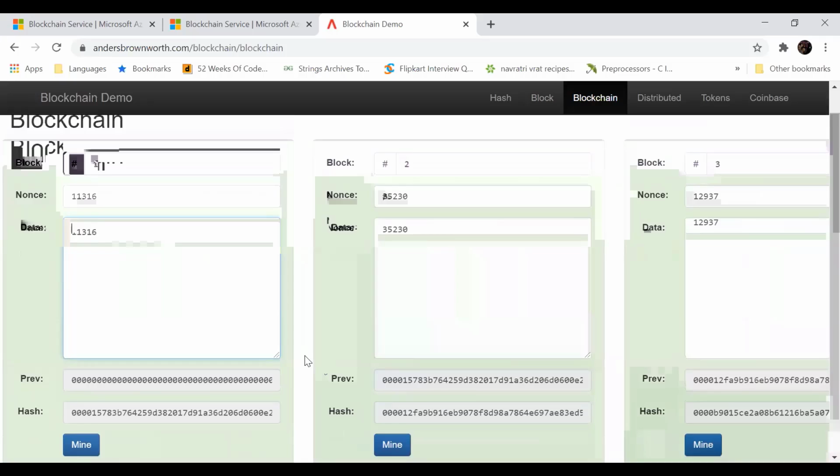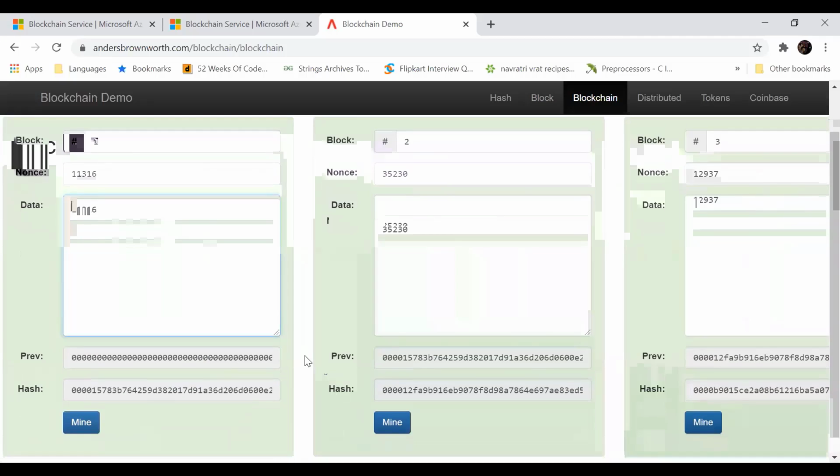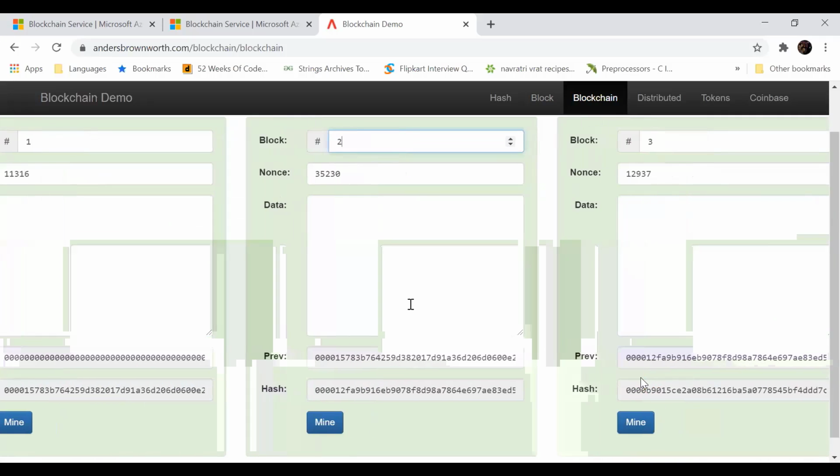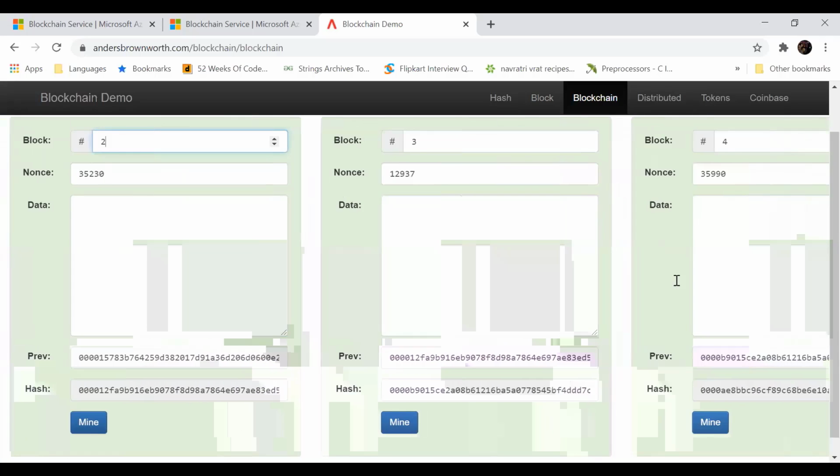As I mentioned earlier, in a blockchain, the blocks are connected to each other using cryptographic hashes. So here you can see that block 2 has the hash of the previous block. Block 3 has the hash of the previous block, that is block 2. Block 4 will store the hash of block 3, and so on.